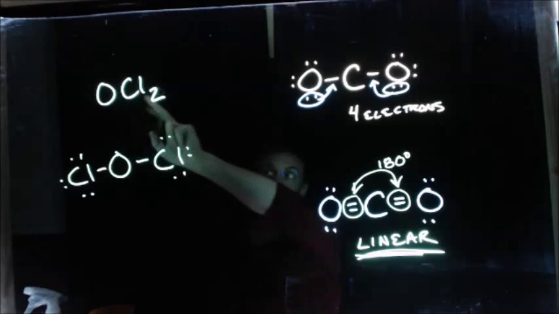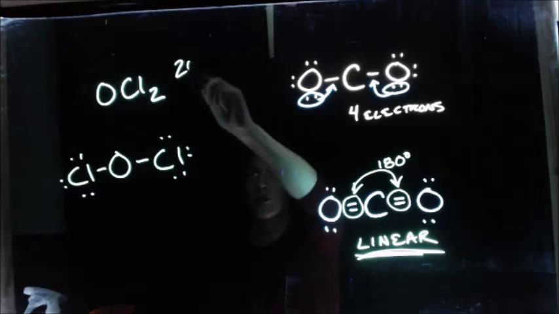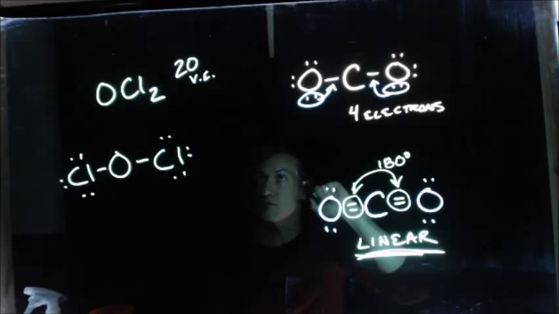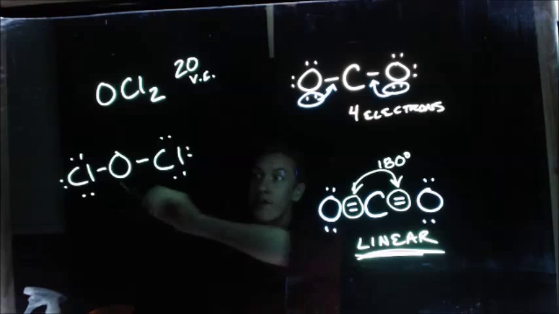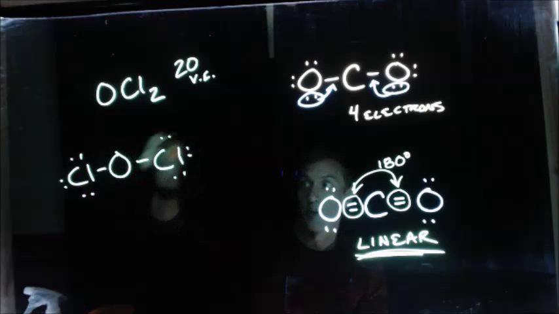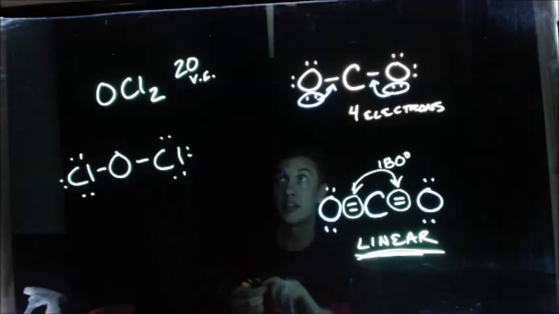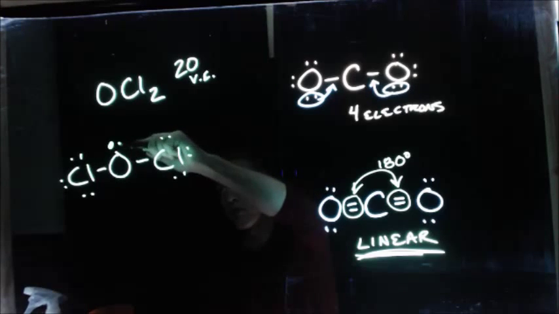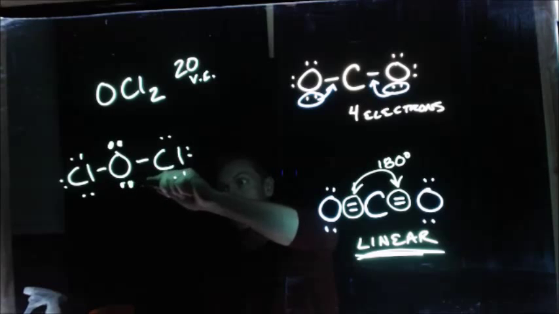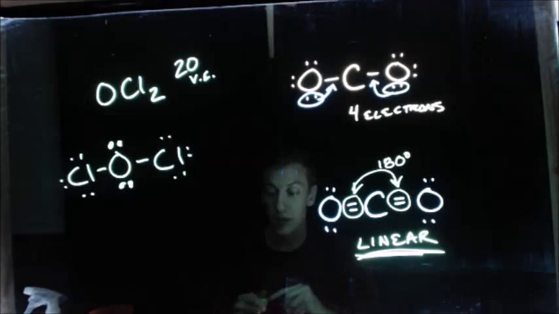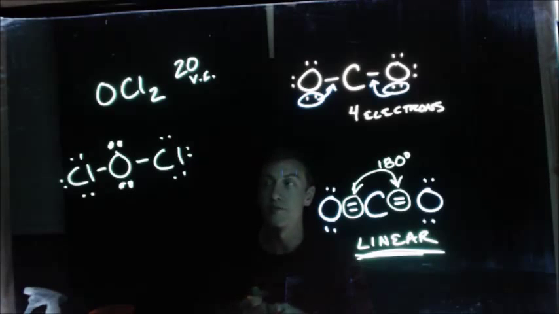Now, in an OCl2, there can be 20 valence electrons. So right now I've used 8 around this chlorine, 8 around that chlorine, so that's 16. So I still have 4 valence electrons to place, and I'm going to place them around the central atom. And that'll satisfy the octet rule for oxygen.